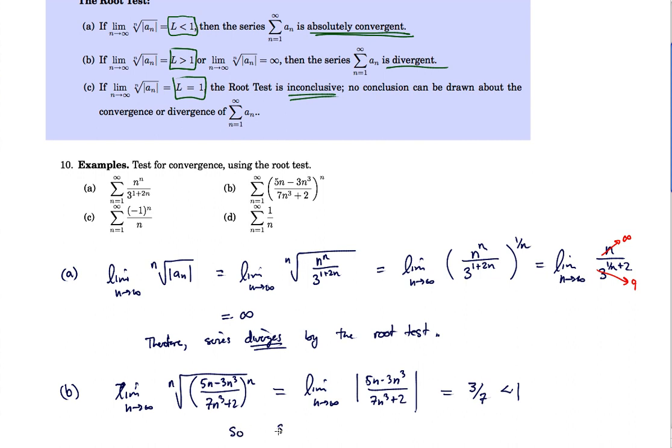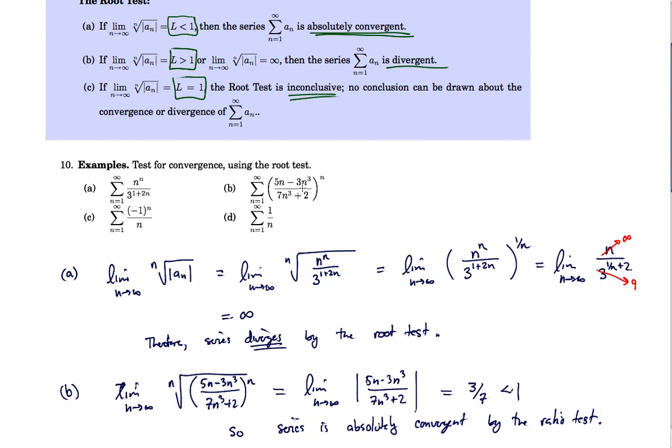So the series is absolutely convergent by the root test. Remember, it's absolutely convergent, meaning the series where you replace everything with the positive corresponding value, right?